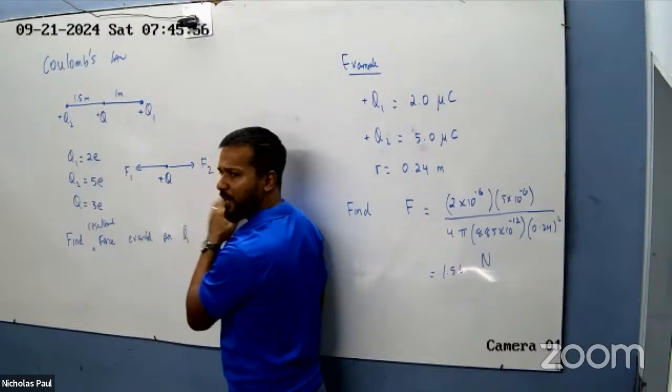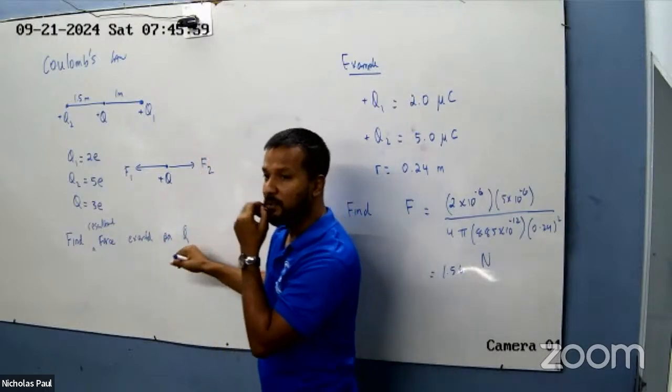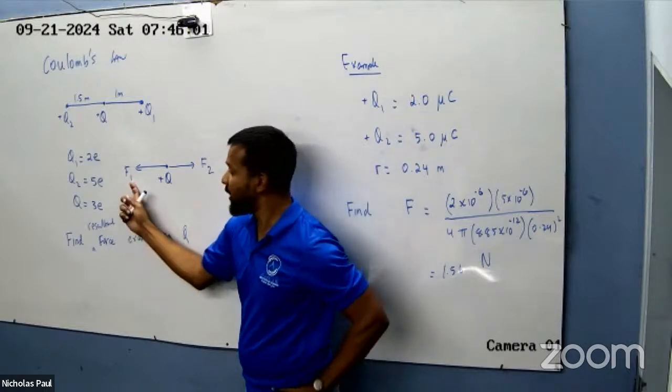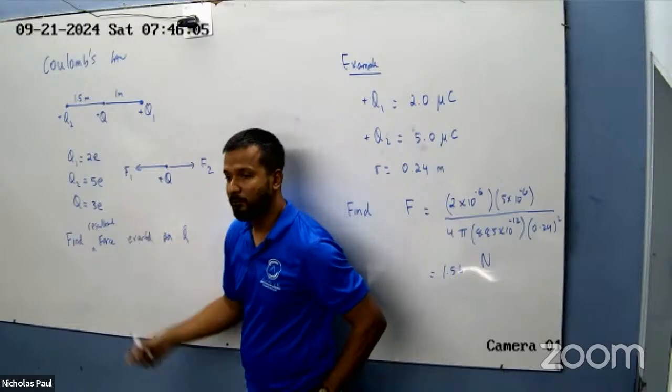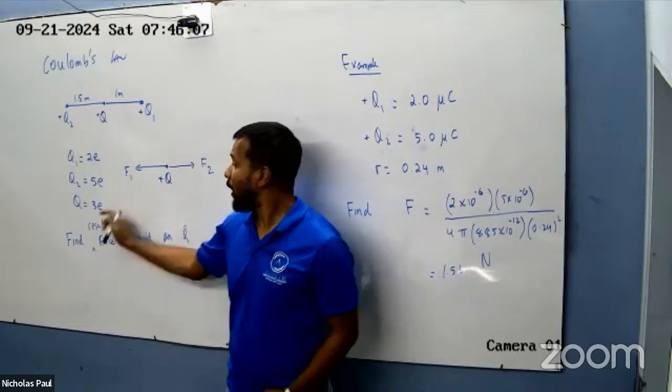How do you get F again? Where are you using it? How are you getting F here?